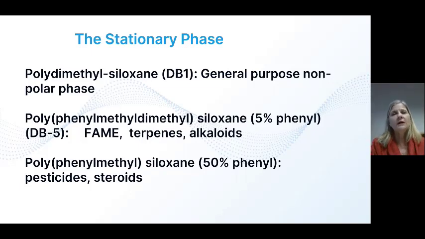Now, in a general lab, you would have a few normal columns that you would generally find. A favorite one is the DB1, which is a polydimethyl siloxane, and it's completely non-polar, and you're going to use it as a general purpose non-polar phase.